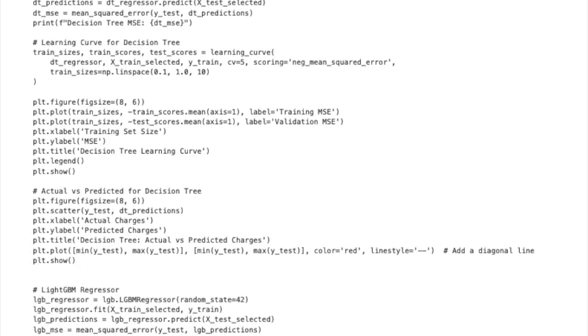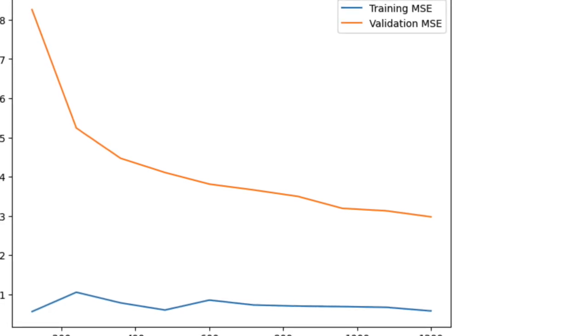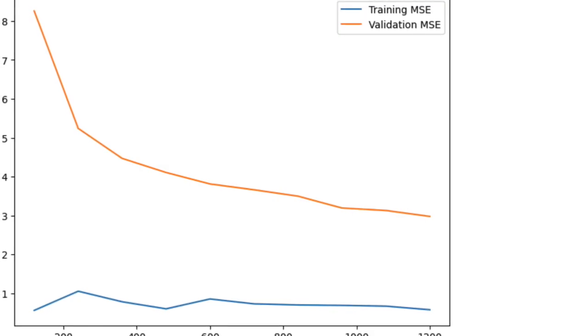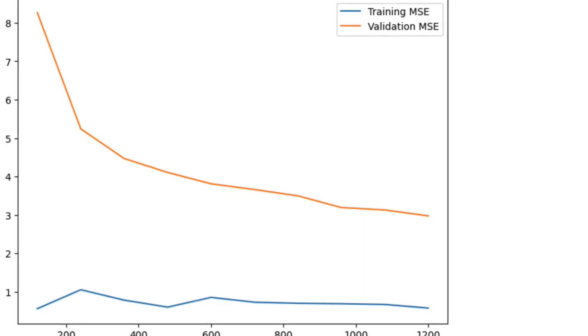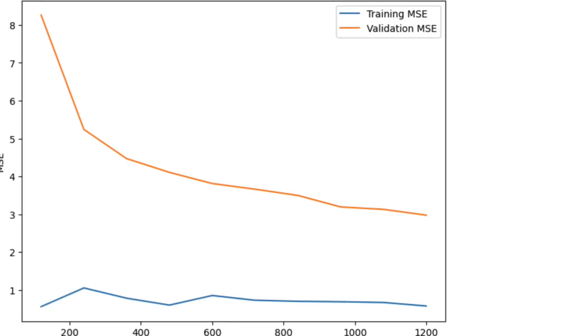So to assess the performance of the LightGBM model, we first look at the learning curve. The learning curve plots the MSE for both the training and the validation sets as the size of the training data increases. The curve shows that the more data is fed into the model, the training MSE decreases, which is expected.